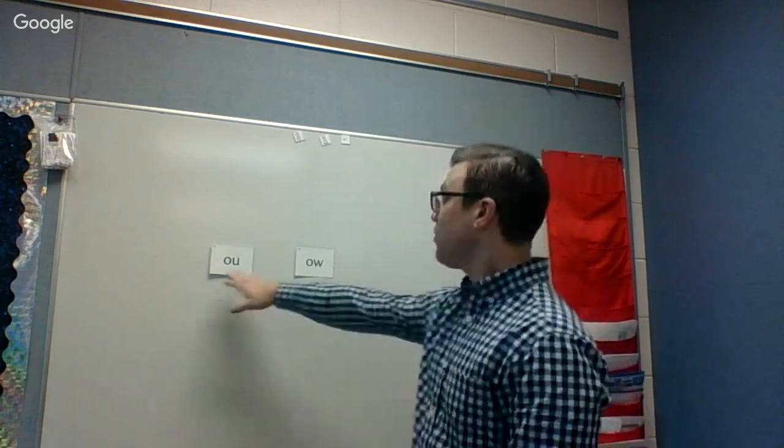Let's do another word. Say the word snow. Like, I hope it doesn't snow today. Snow. What do I hear at the end of the word snow? I hear an O sound, don't I? Both of these can make an O sound, but only one of them can be at the end of an English word.